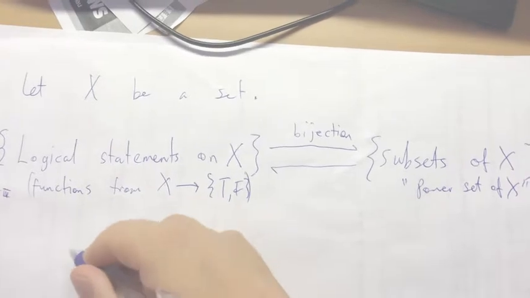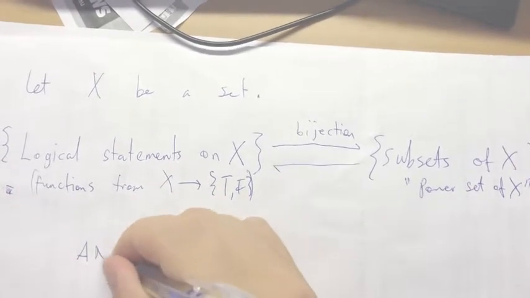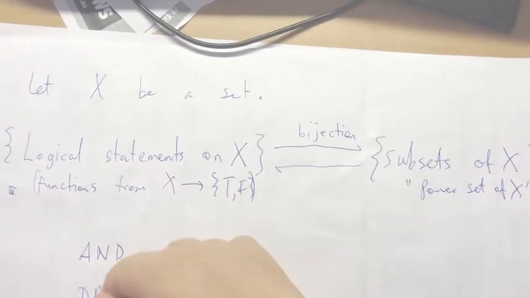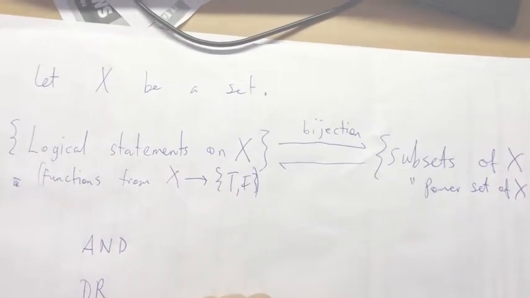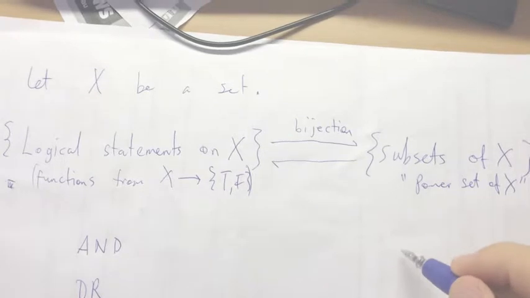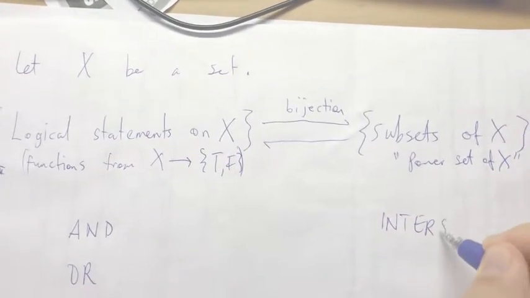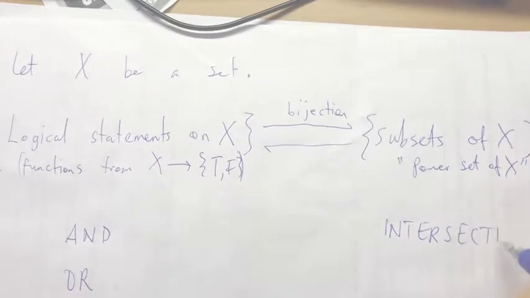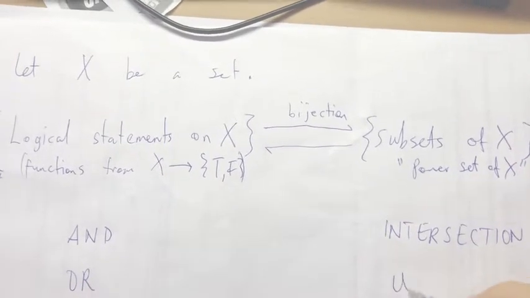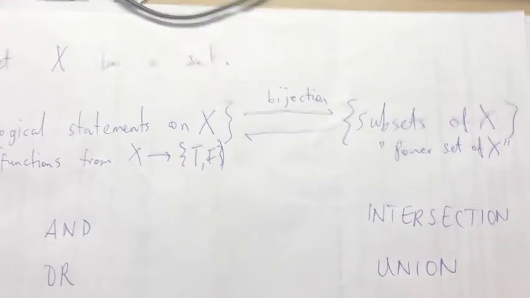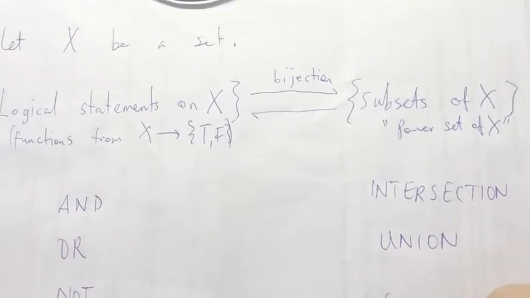So this was and, or, not. Here was intersection, union, and complement.